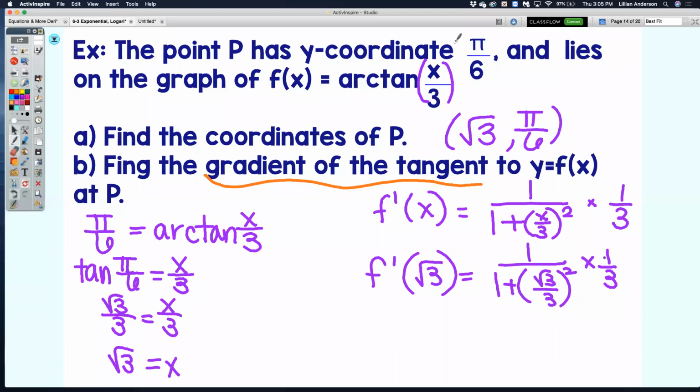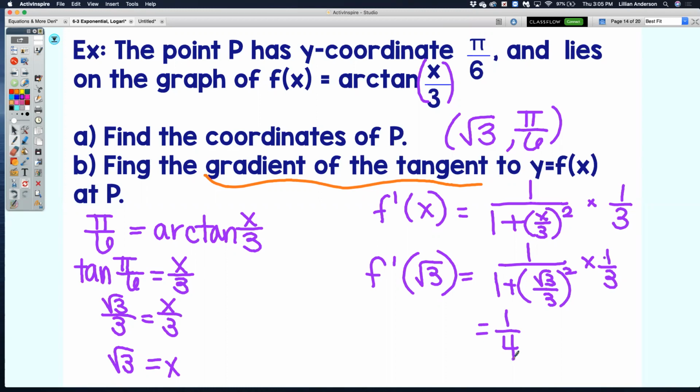What did you guys get for the gradient? It is 1/4. Very good. So the gradient at P of the tangent line on this function is 1/4. And that is your other special functions: your exponentials, logarithmic functions, trig functions, and inverse trig functions.